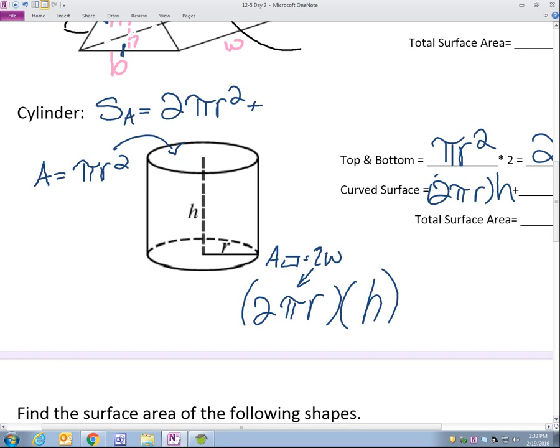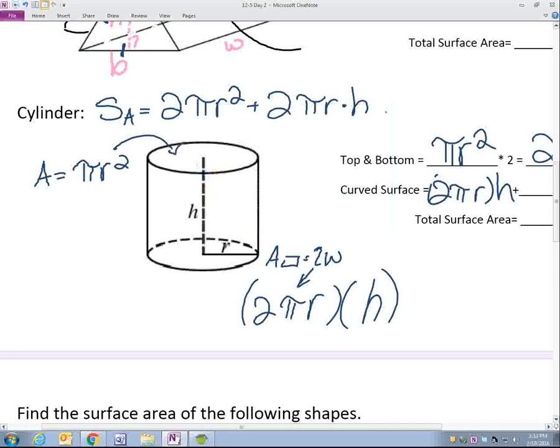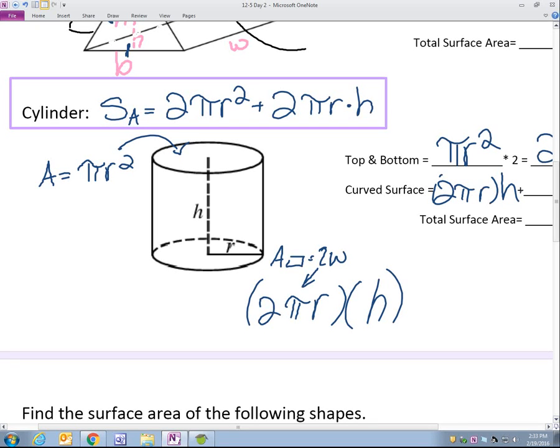So that's the circles, because it has a square. That's a giveaway. 2 pi r height. Formula, yes, geometry is formulas. So there's the other one.